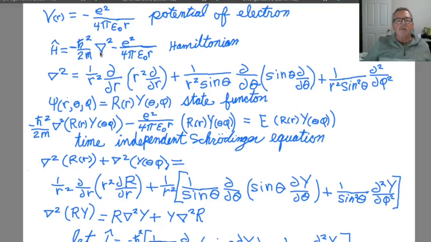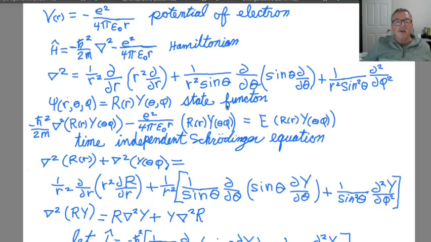Here's the Hamiltonian. The Hamiltonian is the energy in quantum mechanics. Here's the kinetic energy term and the potential energy term. And this hat means that it's an operator because they operate on the state function, so we can crank out values.